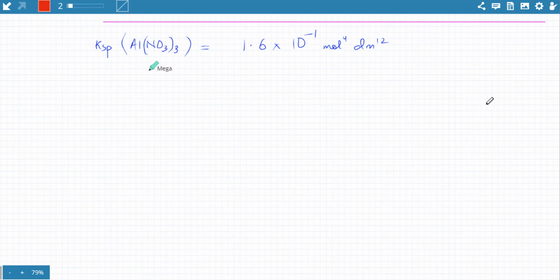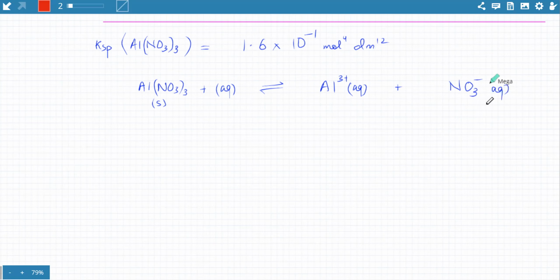First thing is you write the expression for Ksp. Before that, you have to write the equation for aluminum nitrate dissolving. So it's a solid. It's going to mix with water, aqueous, and it would form aluminum ions, Al3+ aqueous, plus NO3- aqueous, and there would be 3 of them.